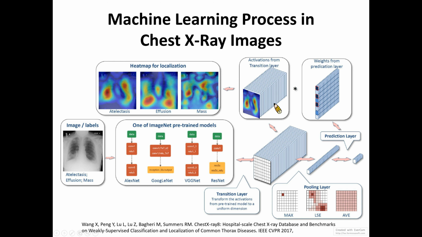Then we need to determine how many classes there are in our new data. So we need to calculate the number of categories. Here the number of classes is 5. Then we modify the new classification layers with the number of classes.